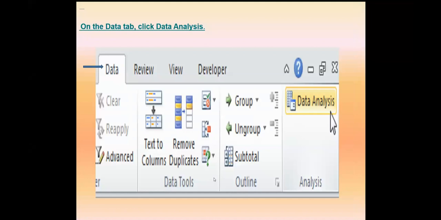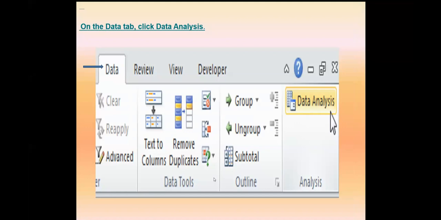When you click it, on the right side in the upper corner, Data Analysis will be visible. If it is not visible, then you can see how Data Analysis can be loaded in the computer. Even the internet will provide this information. So this Data Analysis will appear over there.